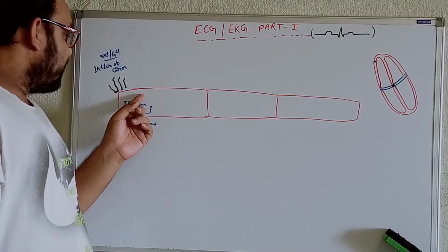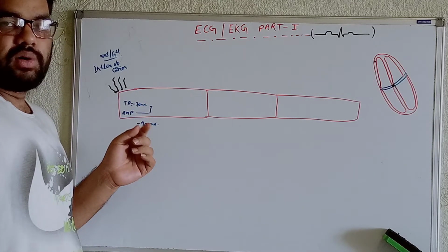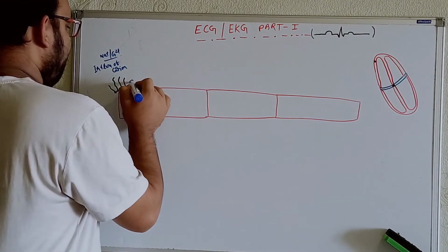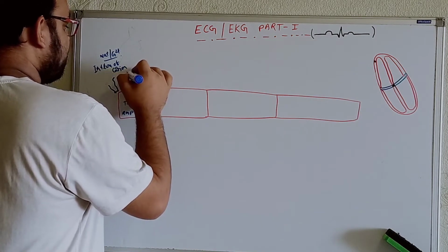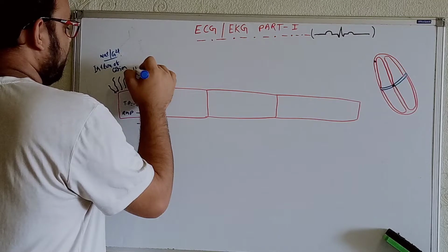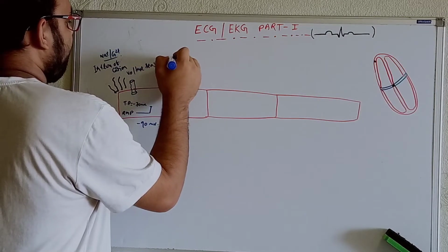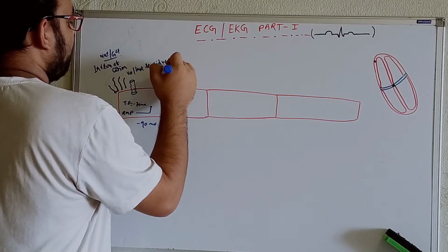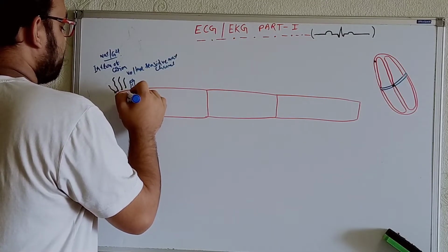Now in these cases we will see within the membrane the voltage gated or voltage sensitive sodium channel. Whenever it opens, we will get the influx of sodium.